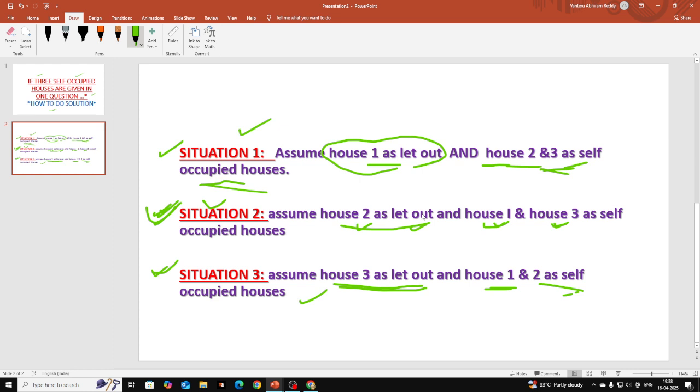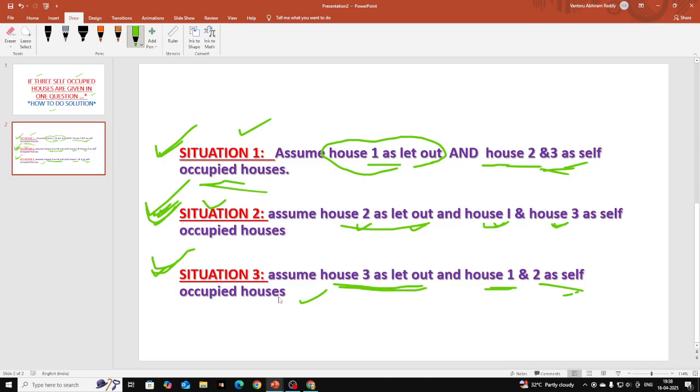Then at last he will compare the net income under situation 1, net income under situation 2 and net income under situation 3. Wherever he is getting less net income from house property, that situation he will select and intimate to the income tax department.